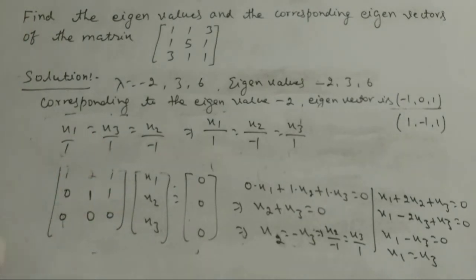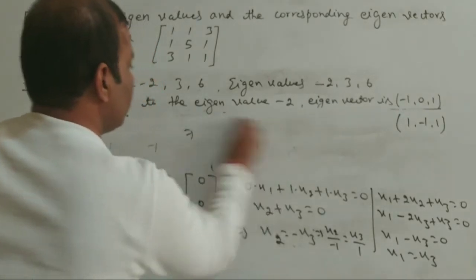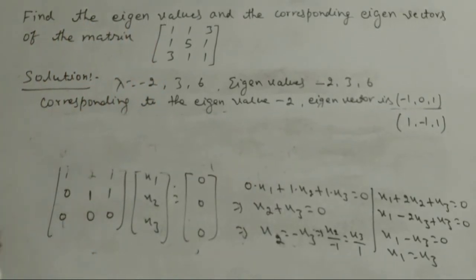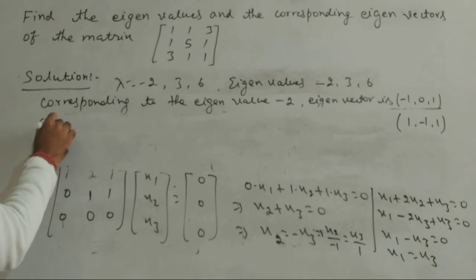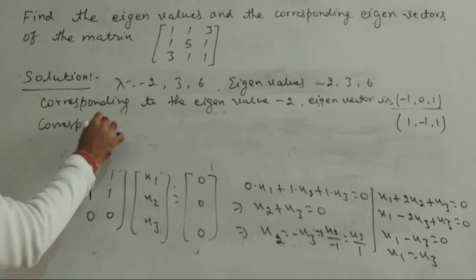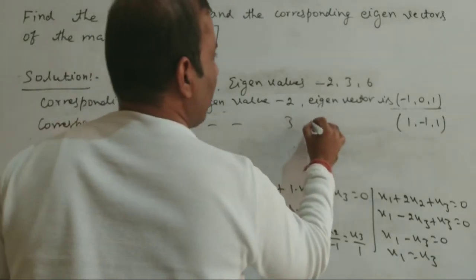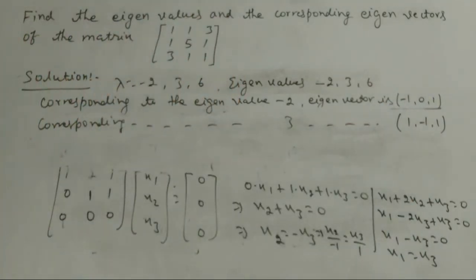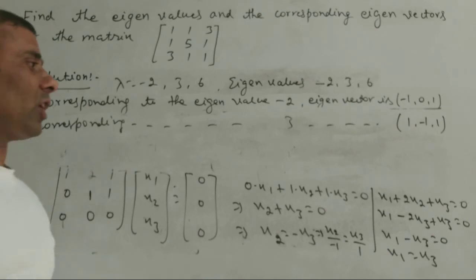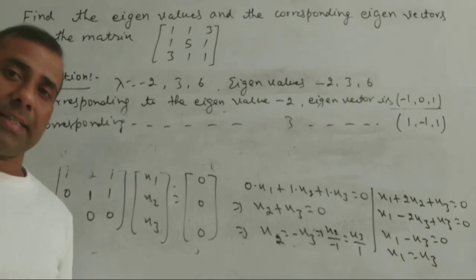So corresponding to the eigenvalue 3, the eigenvector is 1 minus 1 1. Now we have to solve corresponding to lambda equals 6.